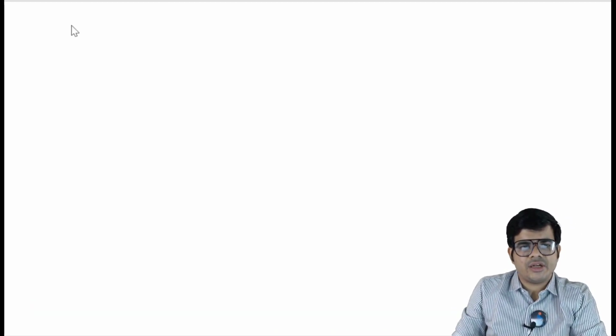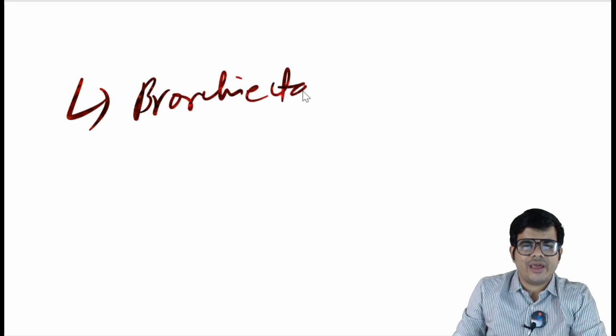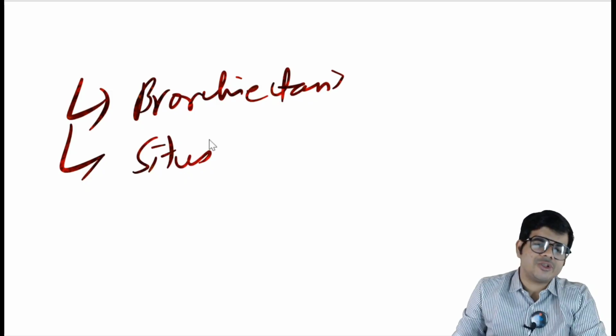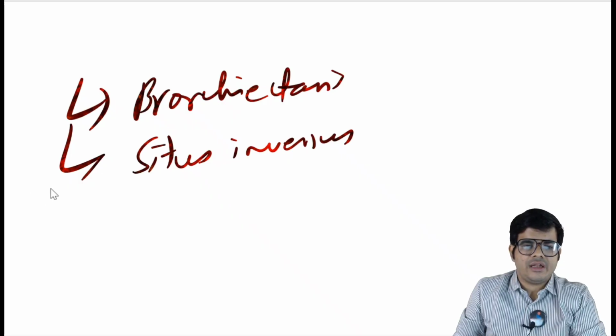What is that condition? When you are having dextrocardia along with nasal polyposis and bronchiectasis. Actually, it's not just dextrocardia occurring here, it is actually situs inversus. All the organs on the left side have gone to the right side. Okay, situs inversus, and along with that he is having polyposis.